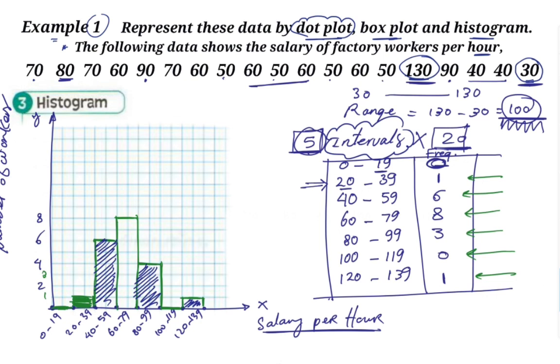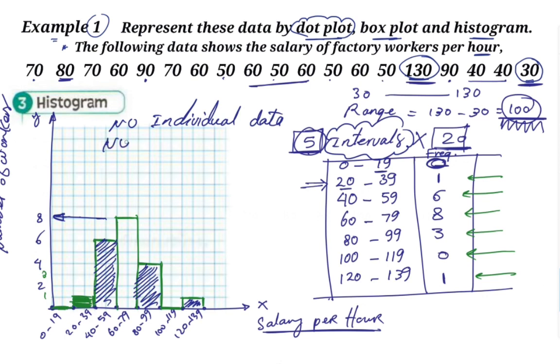I can find out this point called what? The greatest frequency. Okay, no individual. So not with me, no individual data.